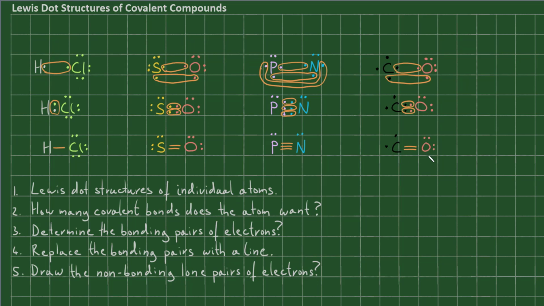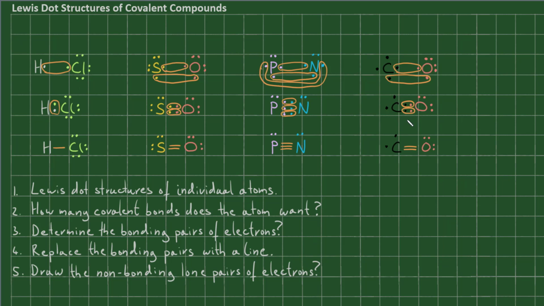From the point of view of the oxygen, everything is fine. It has two bonds and it also has 8 valence electrons. However, from the point of view of the carbon, things are not fine. It only has 2 bonds, whereas it wants 4, and currently it only has 6 valence electrons in its vicinity.